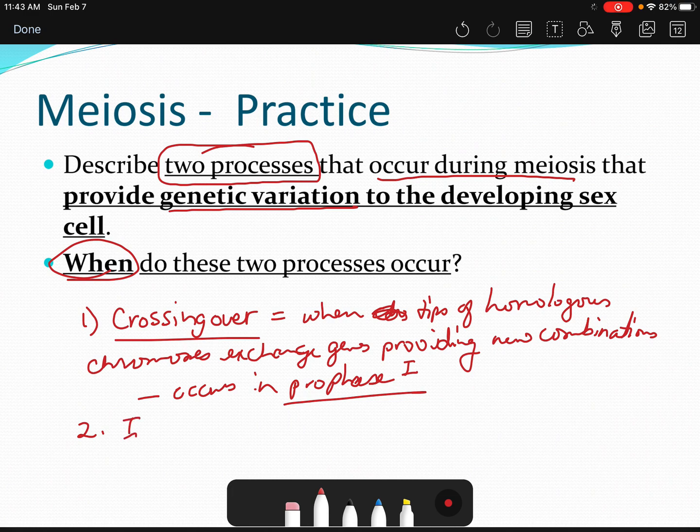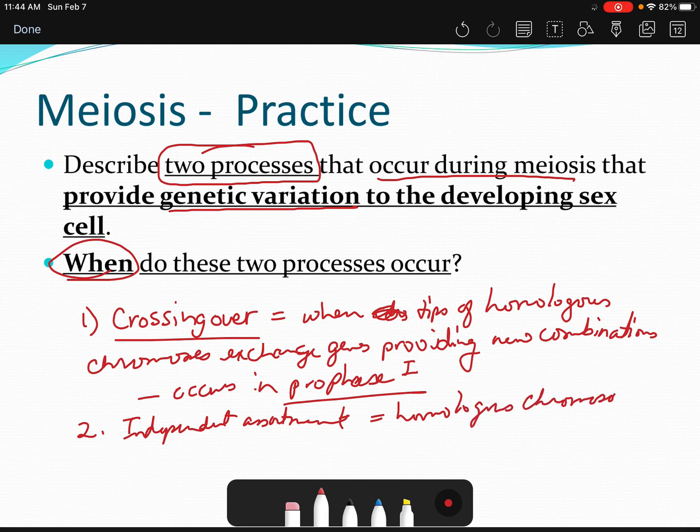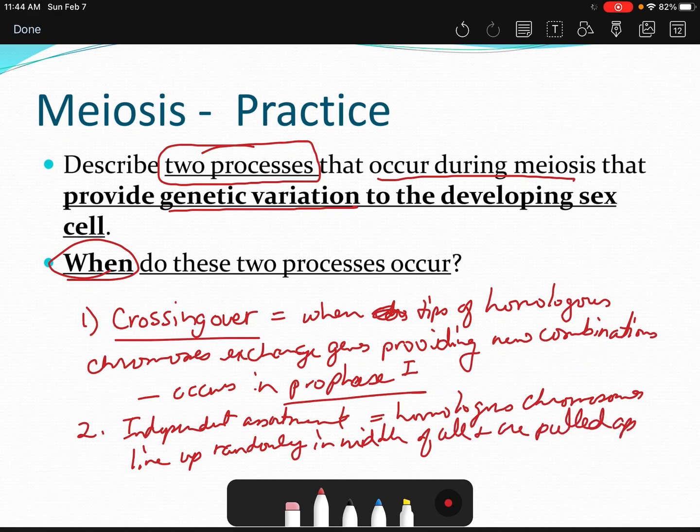The second one was independent assortment. That's when the homologous chromosomes line up randomly in the middle of the cell and are pulled apart independently of each other.